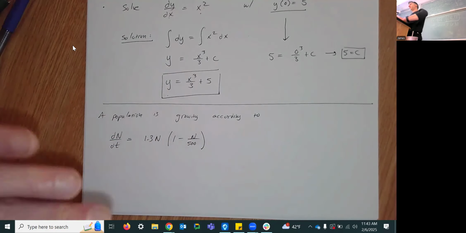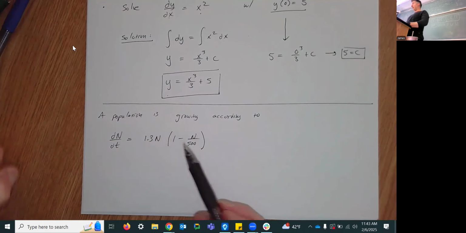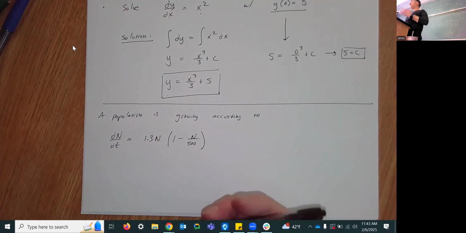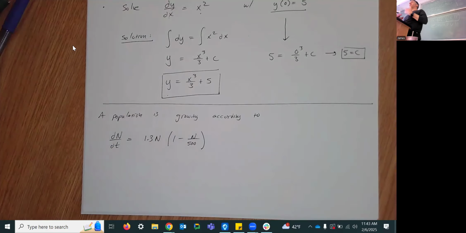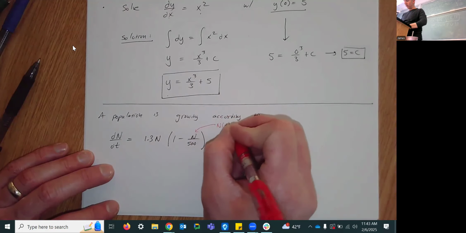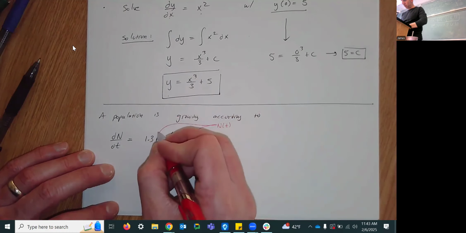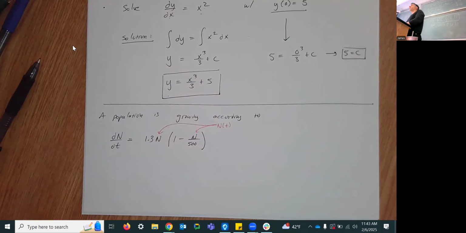I will point out here, because I think it's important, when I write that N, I am thinking N of t. That N is a function of time. We don't write it that way because it's just cumbersome, but it's really good for you to think, oh yeah, that's really N as a function of time, so is that. Don't write that, but know it.